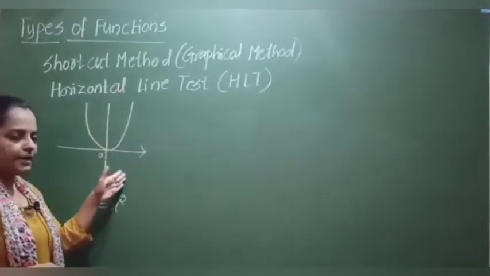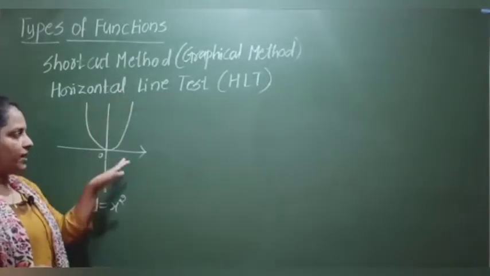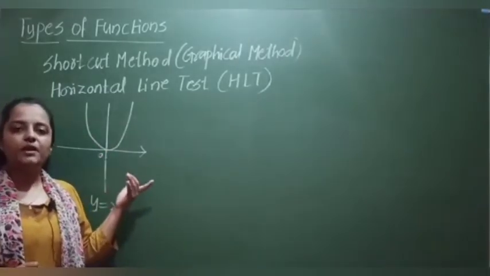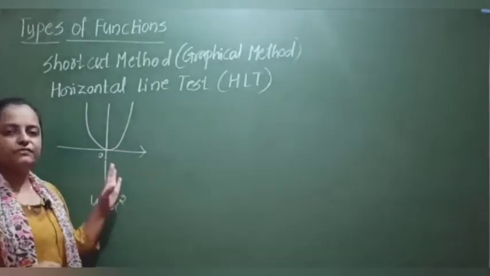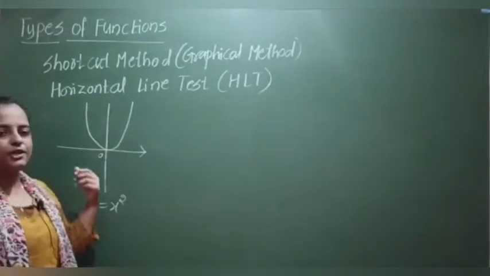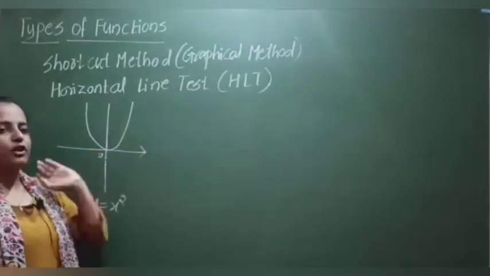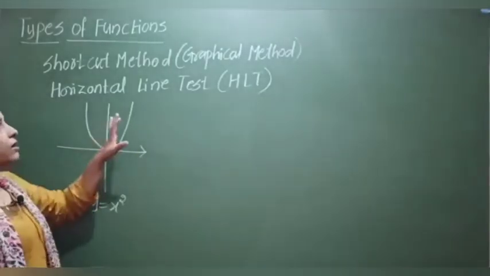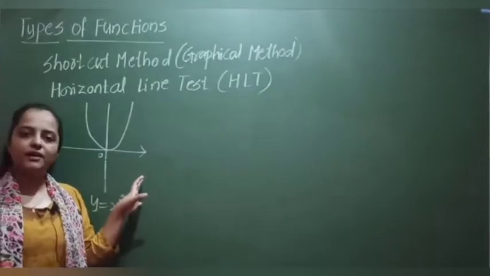By the vertical line test, if the vertical line cuts the given curve at only one point, the given curve is a function. Now we'll take the horizontal line test. So for the given curve, draw a horizontal line.